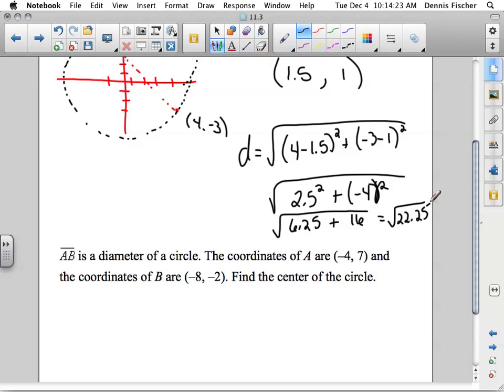So the distance between 2 points. Suppose the distance between 2 points on a coordinate plane, oh, it's between those two.